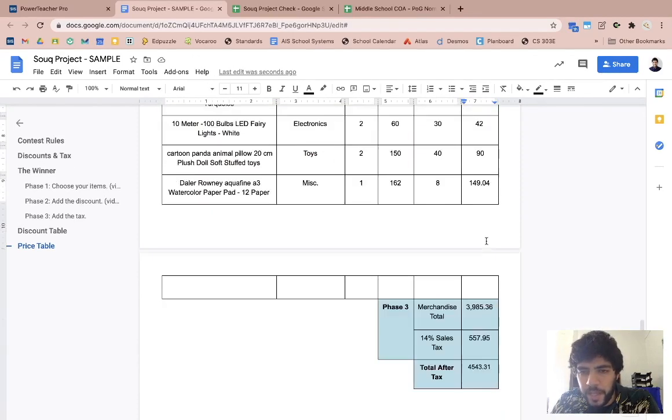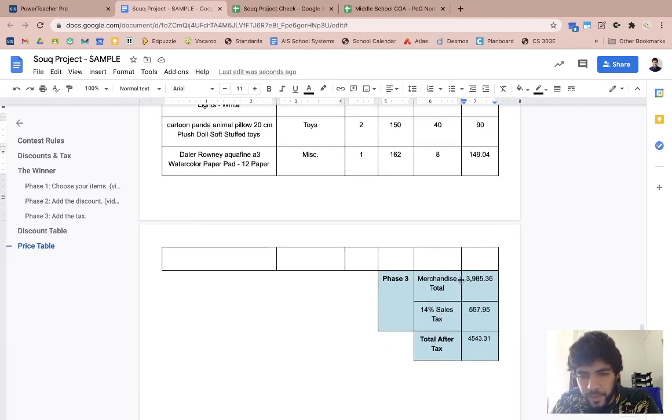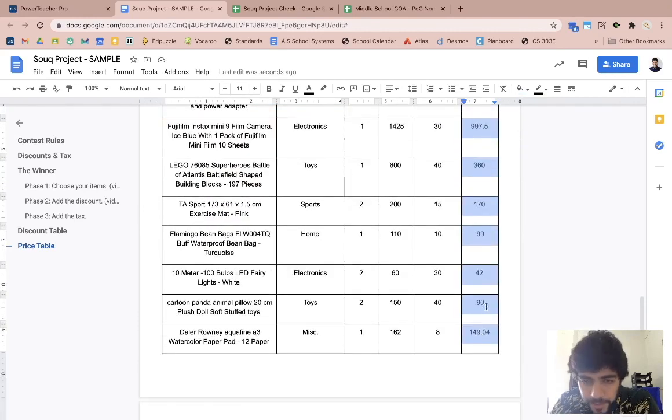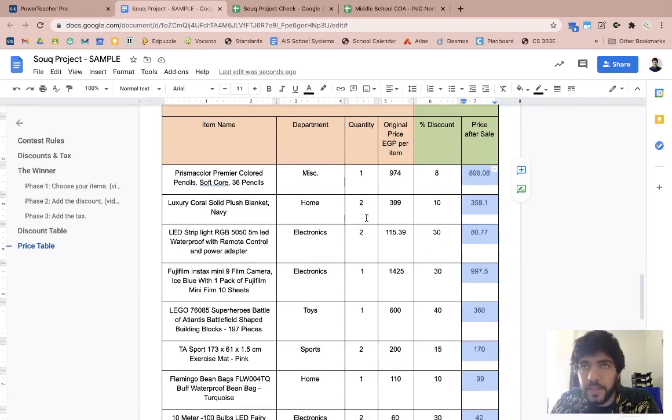Now, here in the bottom, your merchandise total, as a refresher again, is the sum of all of this whole column, but with the added requirement of multiplying each price by the quantity. So it's 896 plus not 359.1, but 359.1 times 2, right?